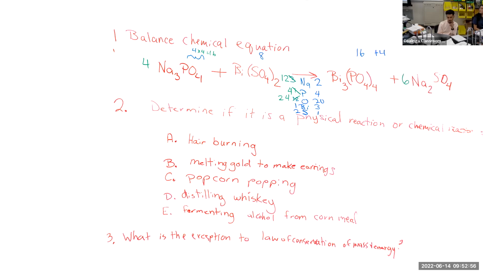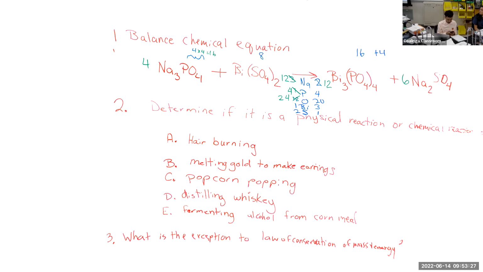So now we're good on the sodium, so that gives us 12. Okay. And then how many oxygens over here? 24. 4 times 4 is 16, plus 6 times 4. 6 times 4 is what? 24. You guys gotta talk up, I can't hear you.